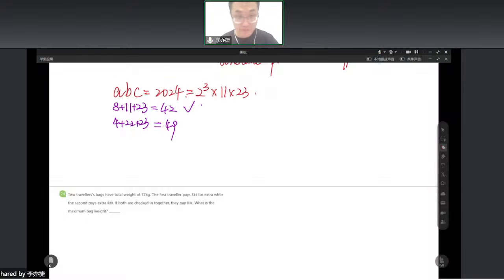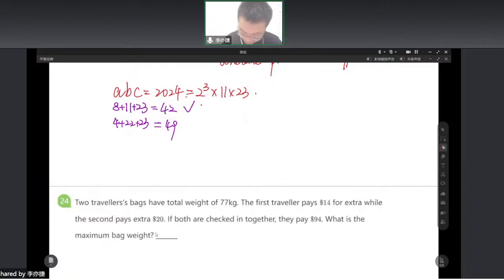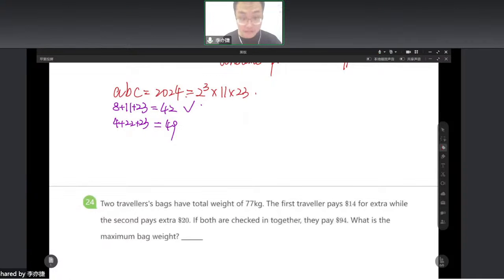Let's see, can we find it here? Yeah, it's here, but a little bit small. I can drag it larger. Okay, can you see now?